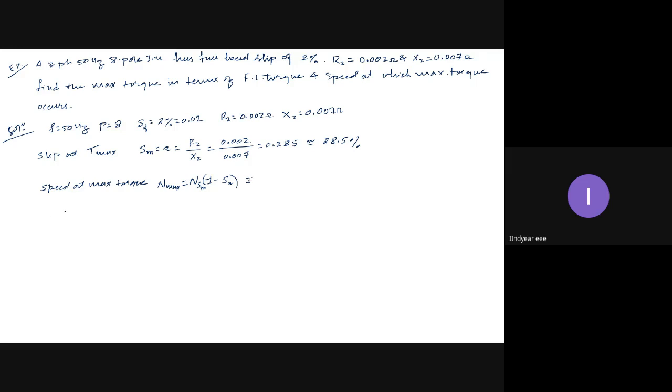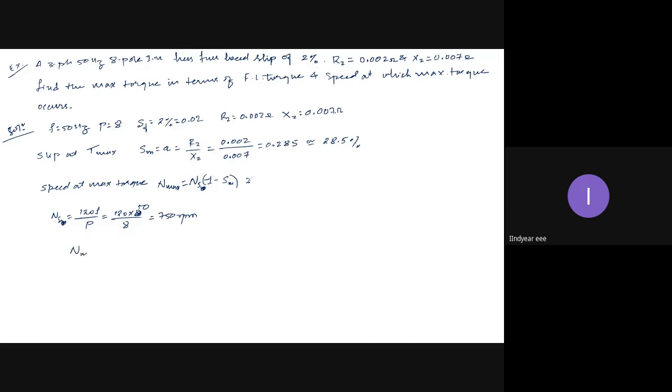The synchronous speed won't change. Ns, synchronous speed, is 120 f upon P. So it is 120 into 50 divided by 8. So this is 750 RPM.